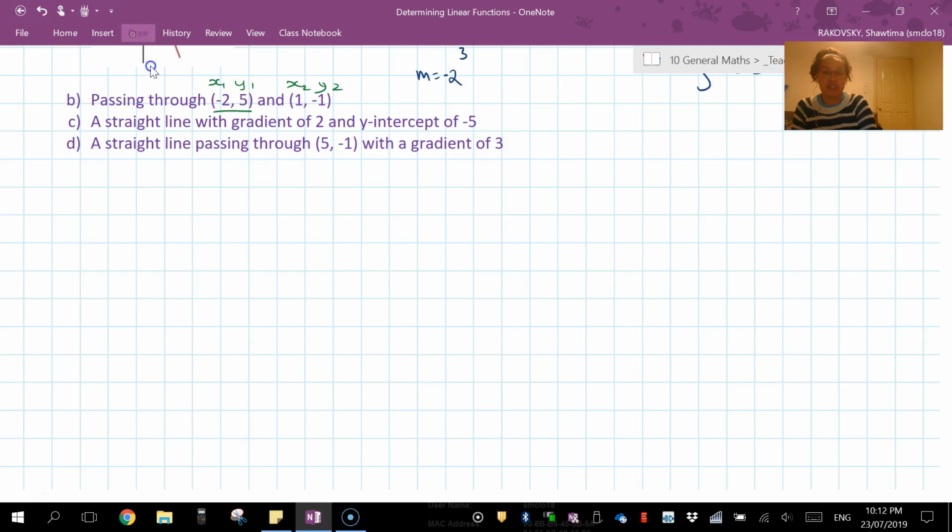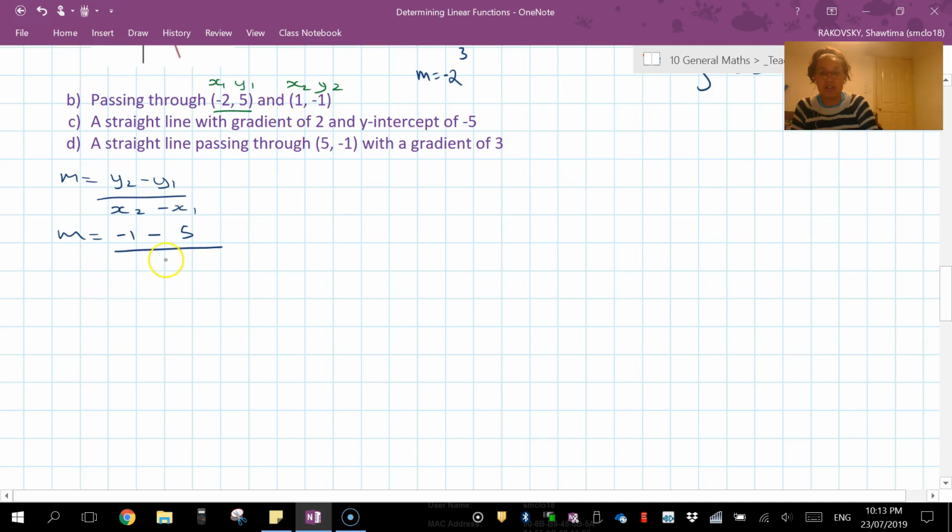The first thing you want to do is find the gradient. So m equals y2 minus y1 over x2 minus x1, and that gives us substitution in -1 minus 5, over 1 minus negative 2. The brackets would actually come in handy in this situation because you've got all these negative symbols hanging around.